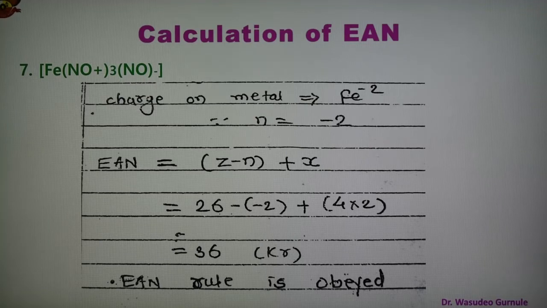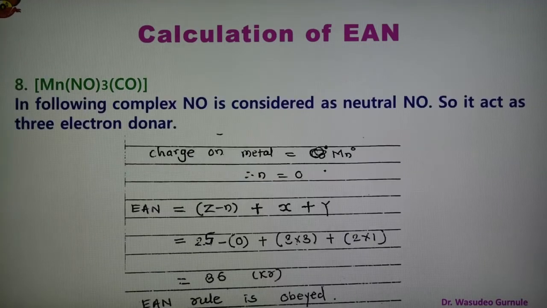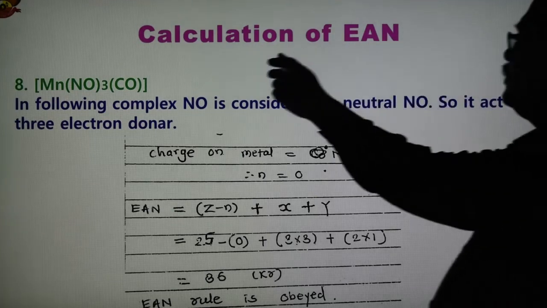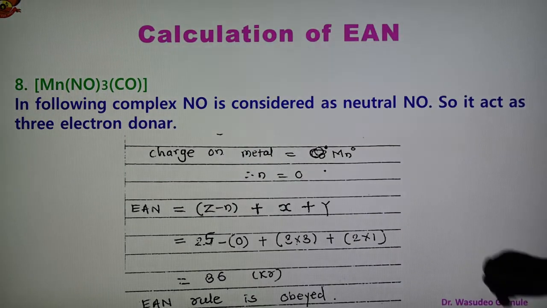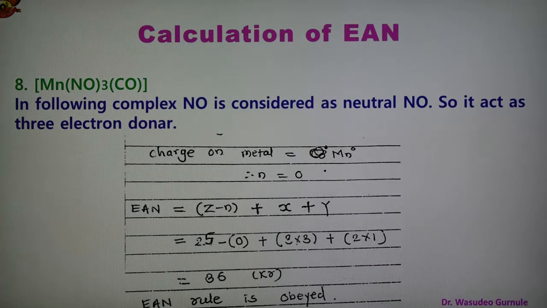Some more examples are there. Number 8. Now in this metal nitrosyl, NO is considered as a neutral NO, so it acts as a 3 electron donor. So this is the example Mn(NO)3(CO). Other ligand is 1. When NO is neutral, it donates 3 electrons.